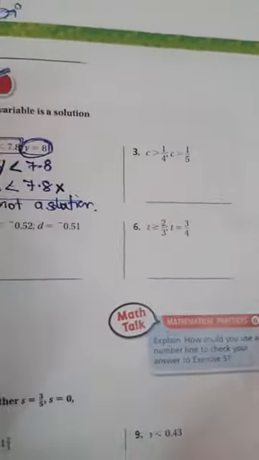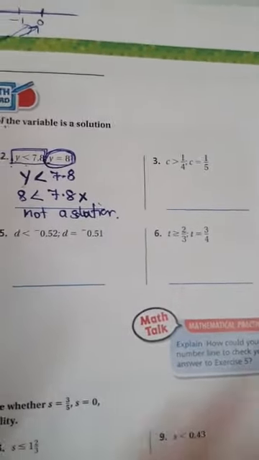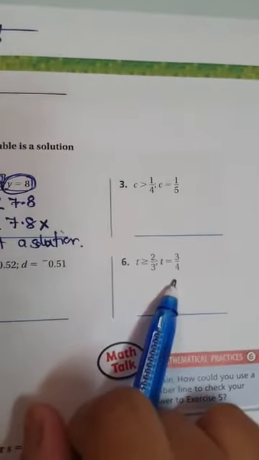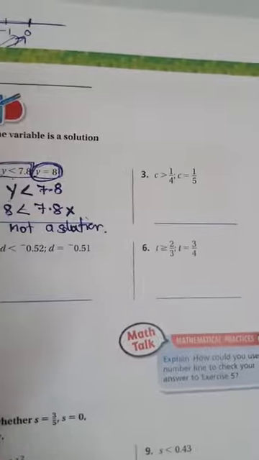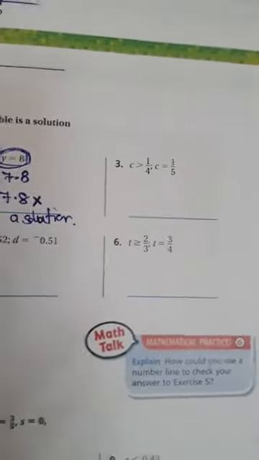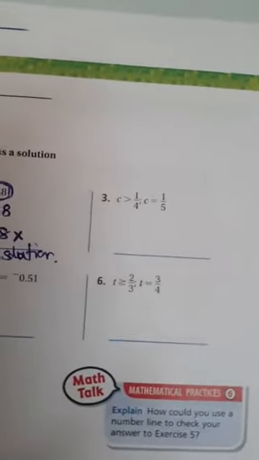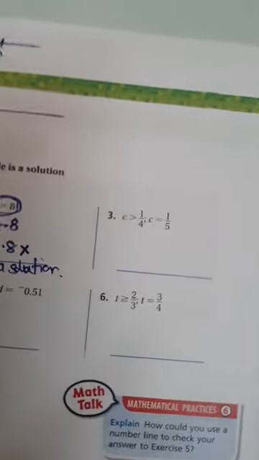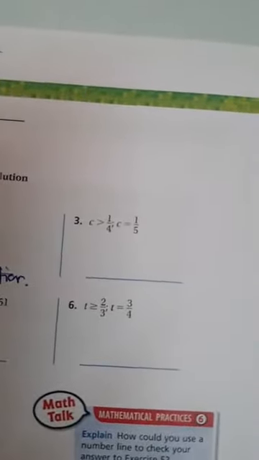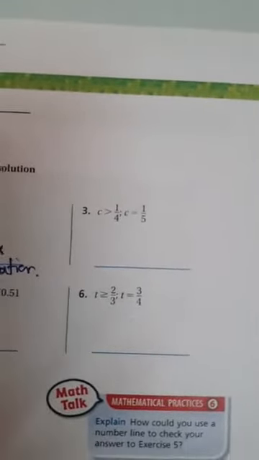Okay, now I'm giving you a minute. Do number 3. Let's find out whether the answer is right or wrong. Use the same way I showed you before, the cross multiplying way, then you will find your answer easily.